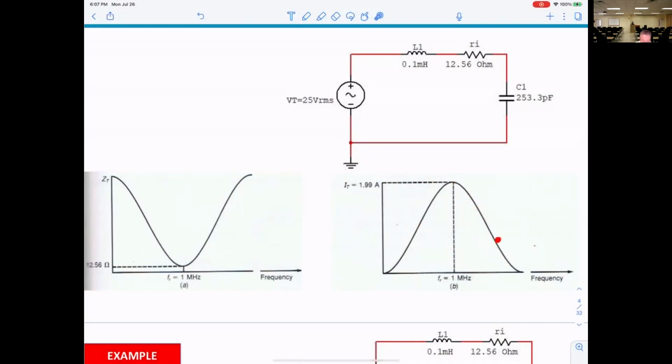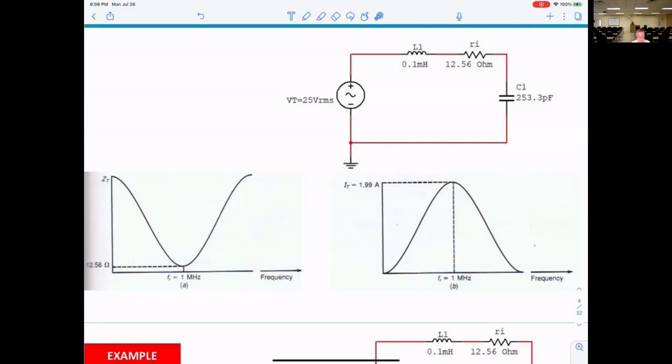Then they are telling you this is the maximum current at the resonance frequency. The reason they get the maximum current is that there is only a single resistance left over.